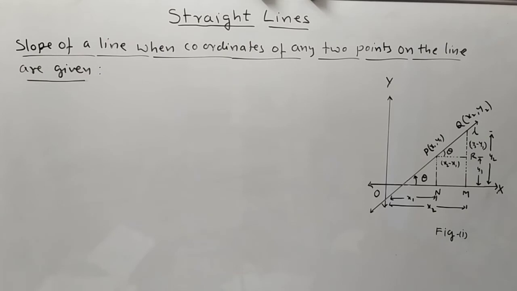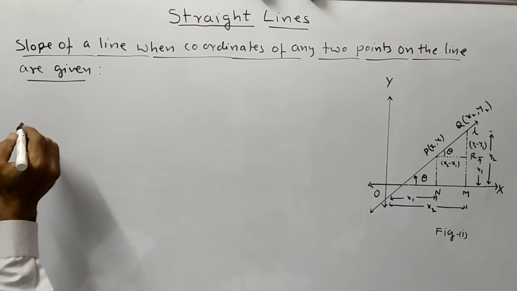Slope of a line when coordinates of any 2 points on the line are given.